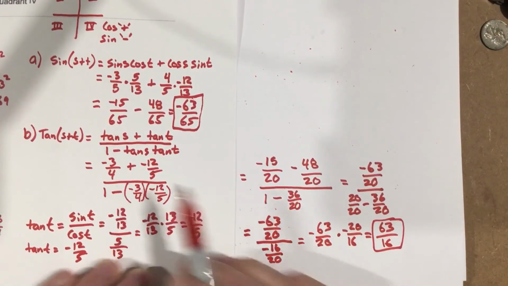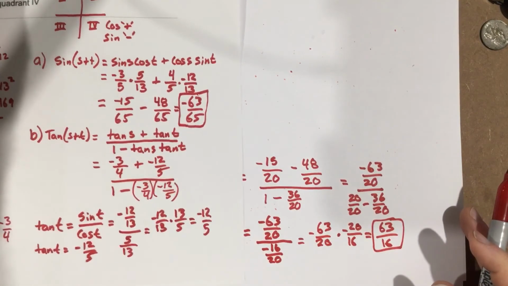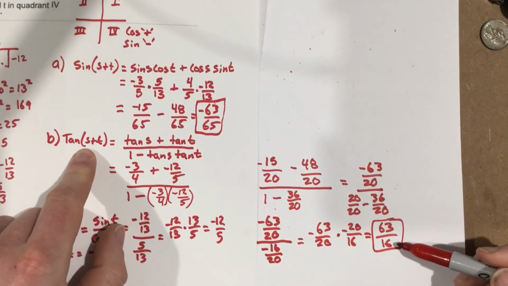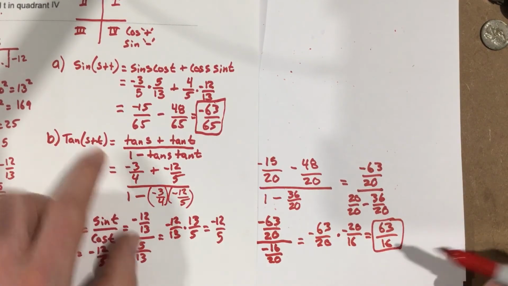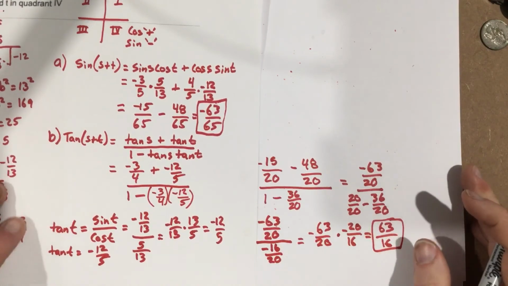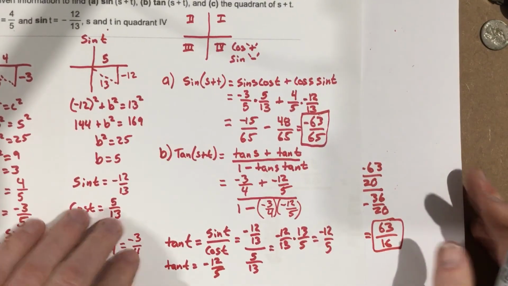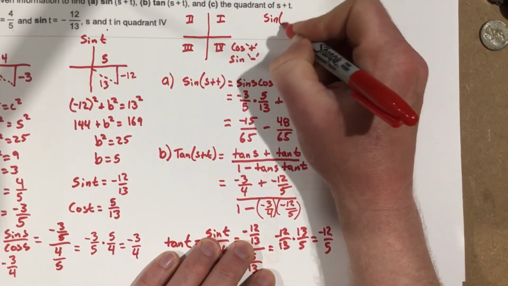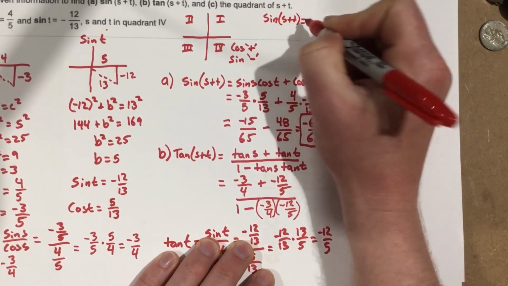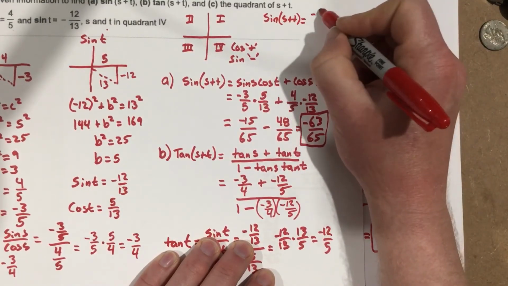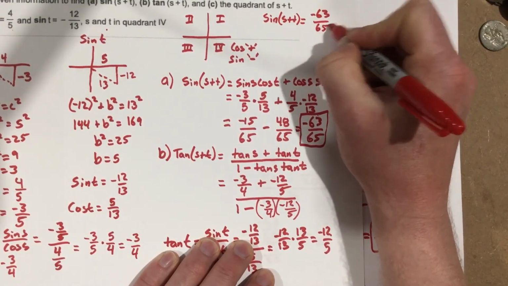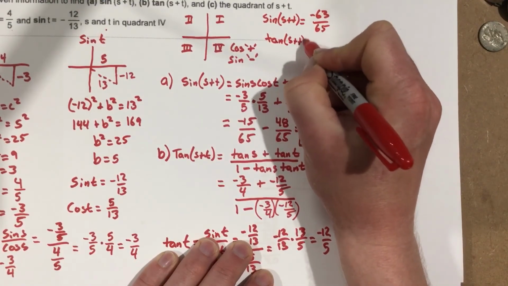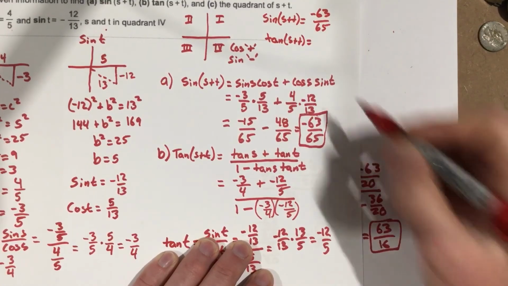So tan of S plus T is 63 over 16. I'm going to write these at the very top here so that we can see it. So we knew that sine of S plus T was negative 63 over 65. We now know tan of S plus T is 63 over 16.